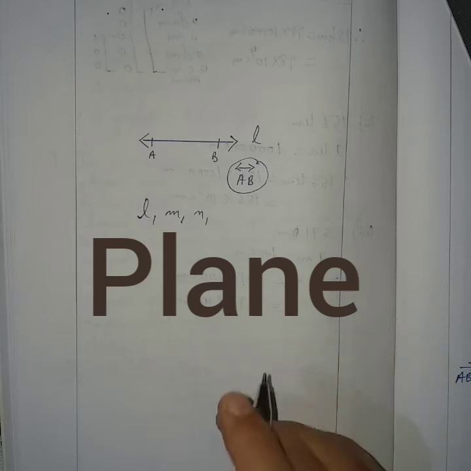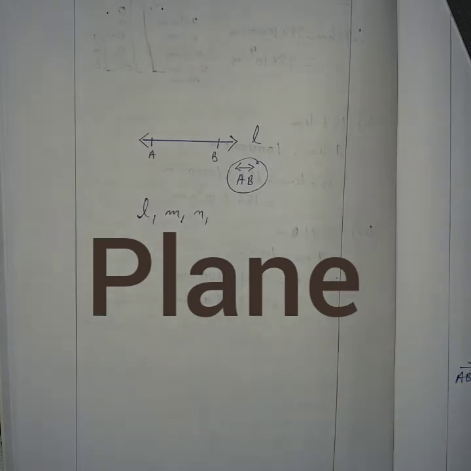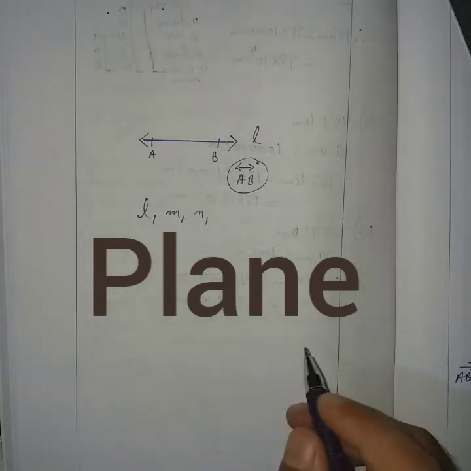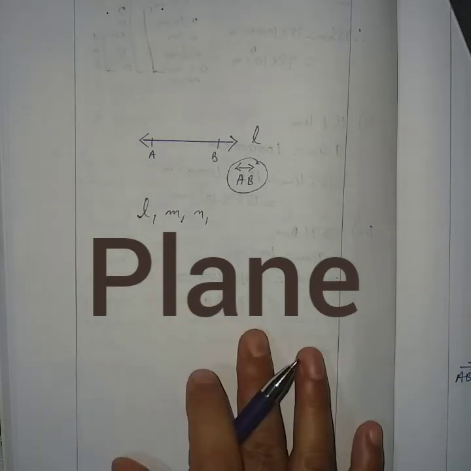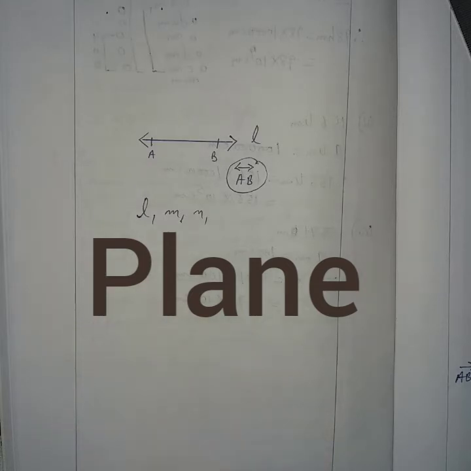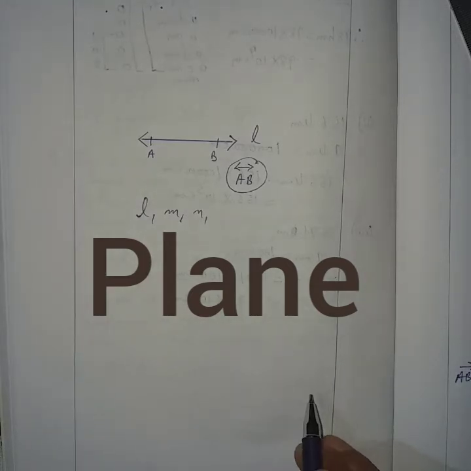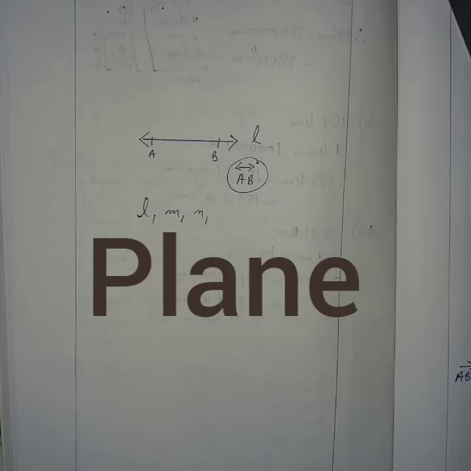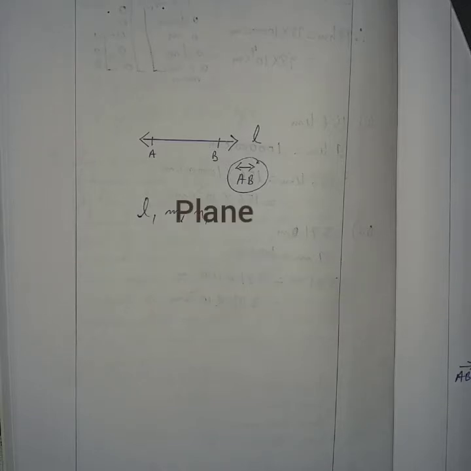Okay, a plane is having two dimensions, length and breadth. Suppose this paper, it has length and breadth. Okay, but no height or thickness. It doesn't have thickness.